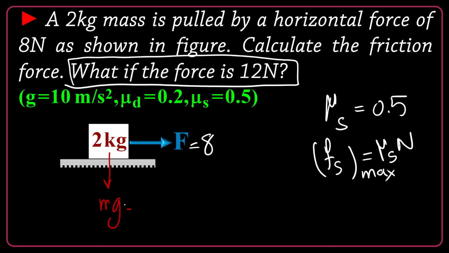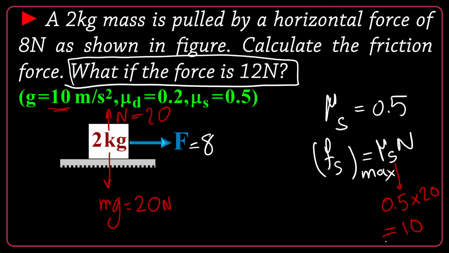Here mg is 20 newtons because g is given to be 10, so it's 20. And the normal force is expected to be equal to that as it's on a horizontal surface. So N is 20, mu(s) is 0.5, so it's 10.